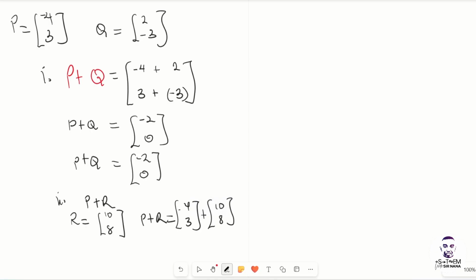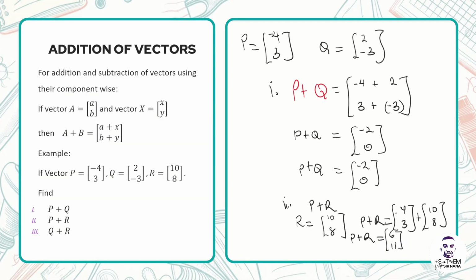So that implies that our P plus our R should be equal to negative 4 plus 10 should give us 6, and then 3 plus 8 should give us 11. So our P plus our R should be equal to 6 and 11.